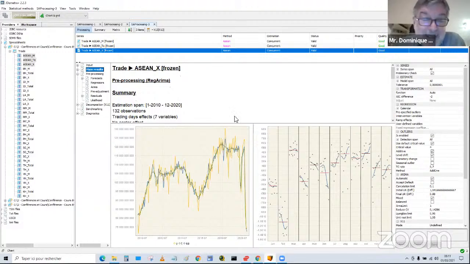No, it's okay. So let's come back to this series. To summarize, we create our own specification for ASEAN, removing the transitory changes and removing the Easter effect to simplify things, okay?